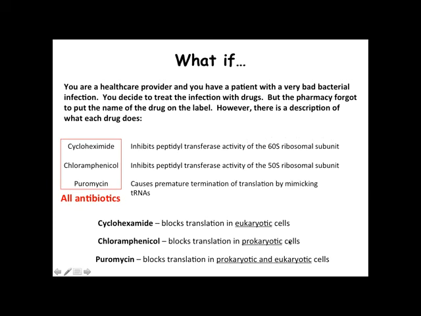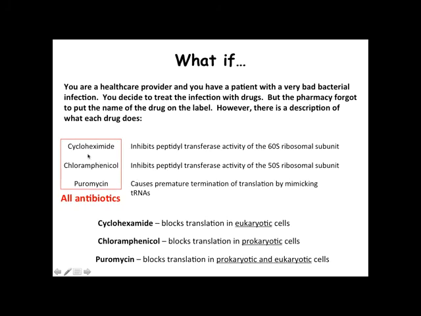Chloramphenicol blocks translation in prokaryotic cells because it has this activity against the 50S ribosomal subunit. And puromycin, this one down here, is going to block translation in both because remember, prokaryotes and eukaryotes both use the same tRNAs when it comes to translation.